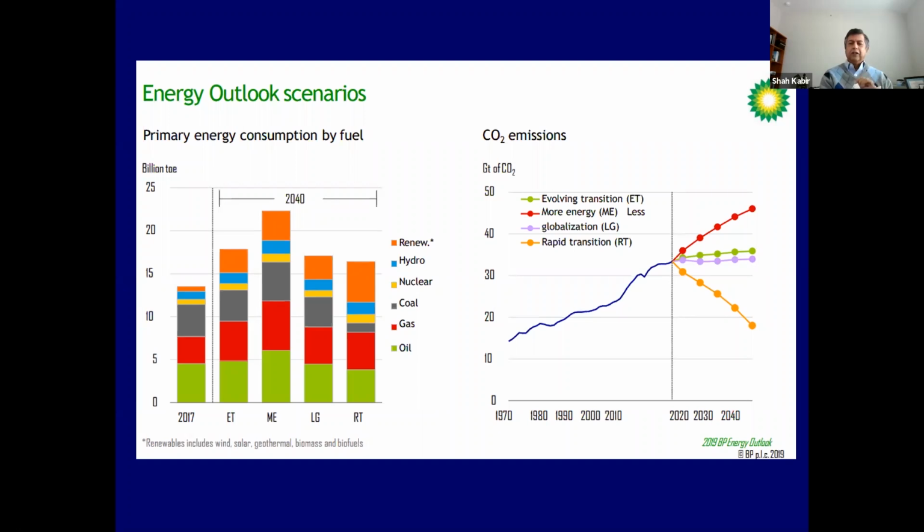Everybody has it now, but it didn't happen overnight. It takes a long transition time. So this is just to give you an overview that unless we are able to transition literally overnight, there will not be a reduction in the carbon emission. The advantage of gas is that it has the lowest footprint.